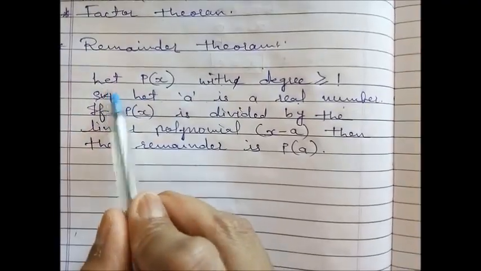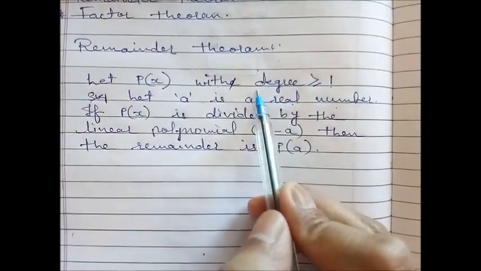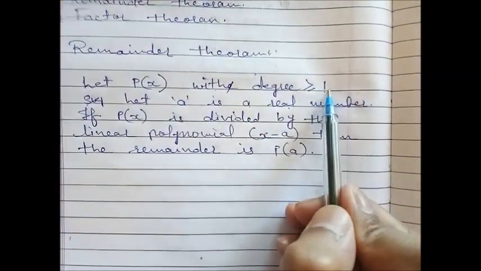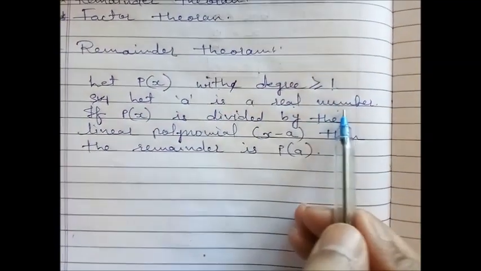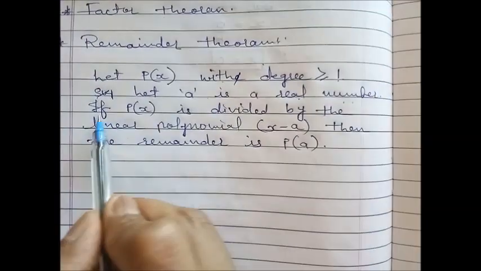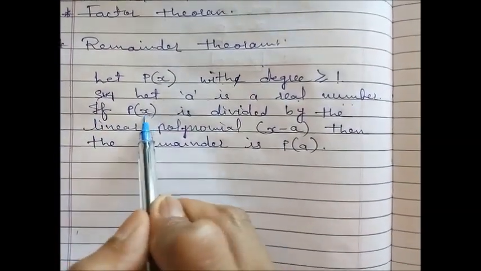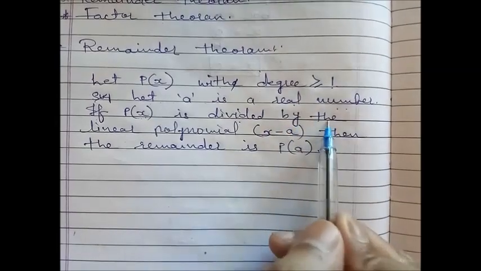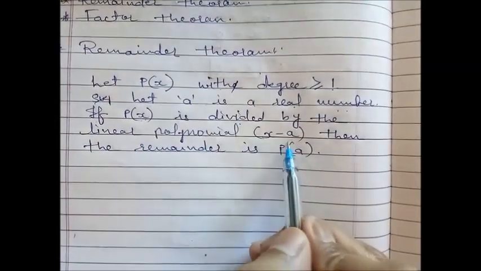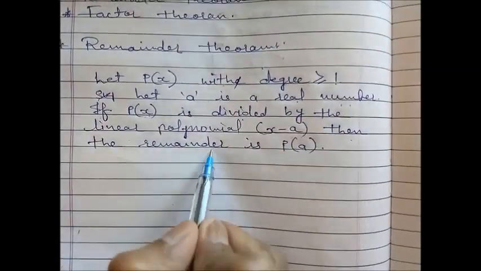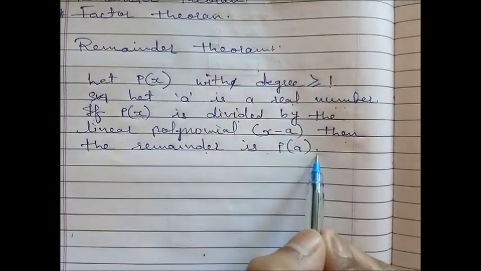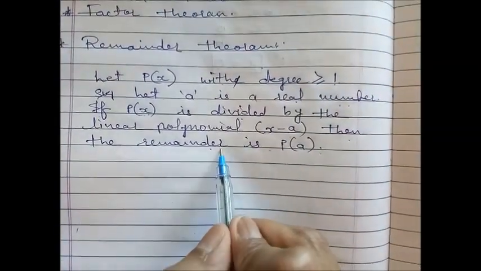So here I have taken, suppose p of x is a polynomial with degree greater or equal to 1. Let a be any real number, right? Now if p of x, that is a polynomial, is divided by the linear polynomial x minus a, then the remainder will be p of a, right? This is the remainder theorem.